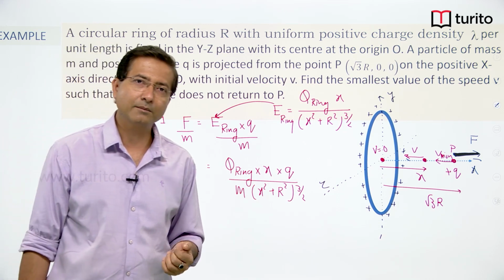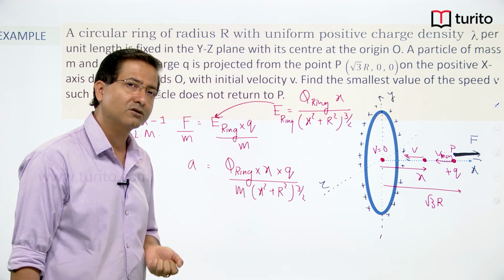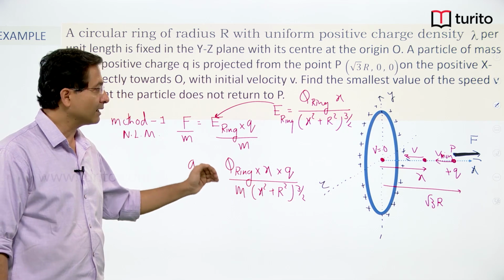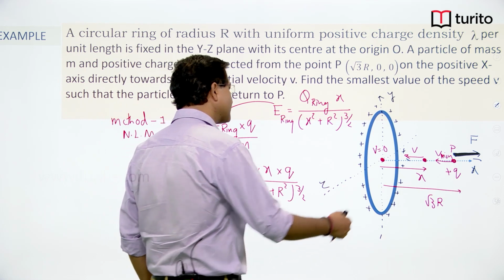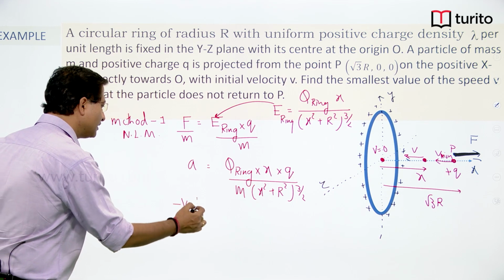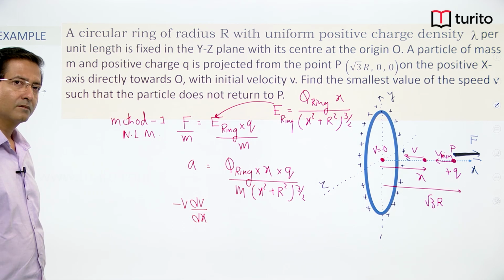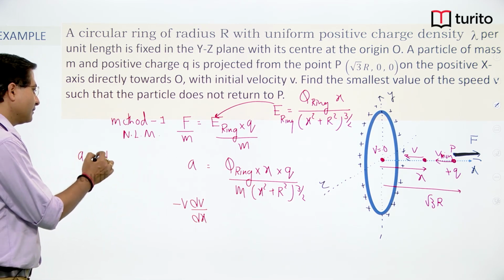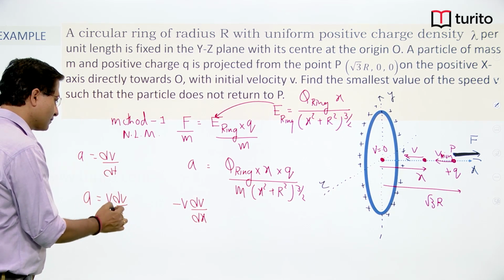If acceleration is variable, then we cannot use v is equal to u plus at, s is equal to ut plus half at square, and v square is equal to u square plus 2as. As acceleration is variable, we need to integrate to get the velocity. Here, as velocity decreases with x, I can write this as minus v dv by dx. Acceleration can also be written as a is equal to dv by dt and a is equal to v dv by dx.